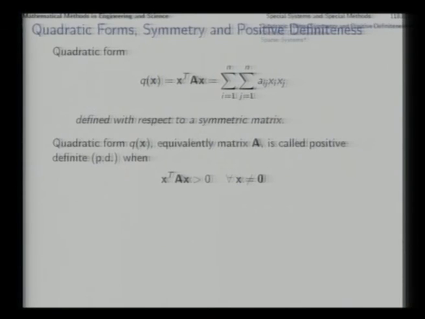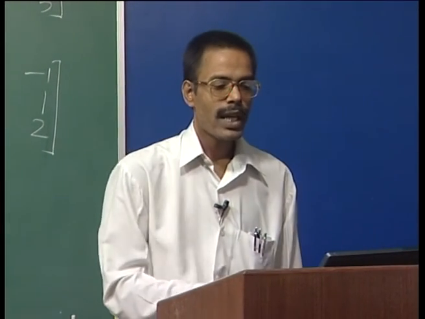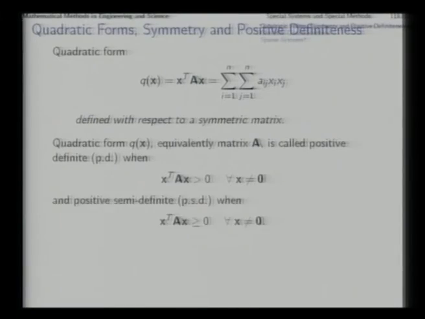Now, the important definition which we should keep in mind is that this quadratic form, and equivalently the corresponding underlying matrix A, is called positive definite when this evaluates to positive values for all non-zero x, and for zero x obviously it is 0. It is called positive semi-definite if the value of this evaluates to non-negative, positive or 0, for all non-zero x. So, these two definitions of positive definiteness and positive semi-definiteness we should keep in mind.